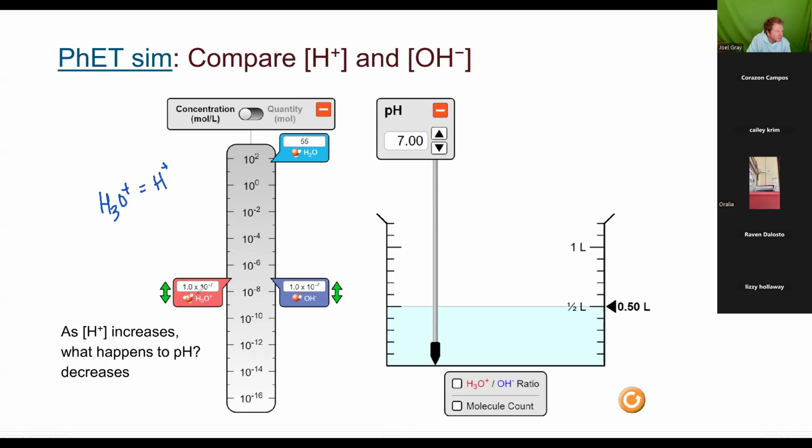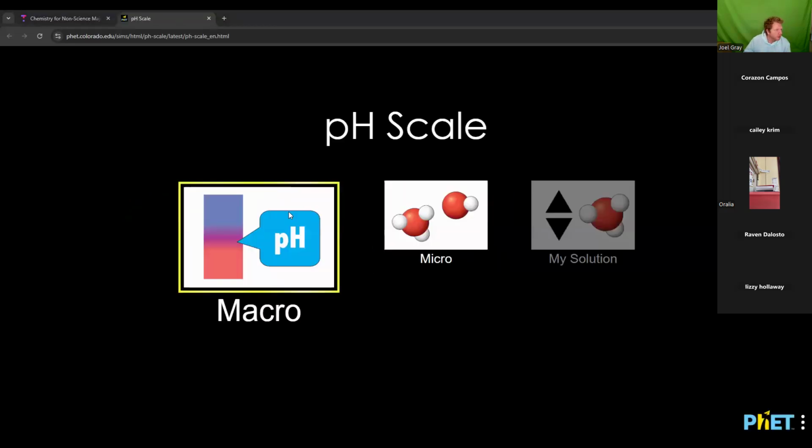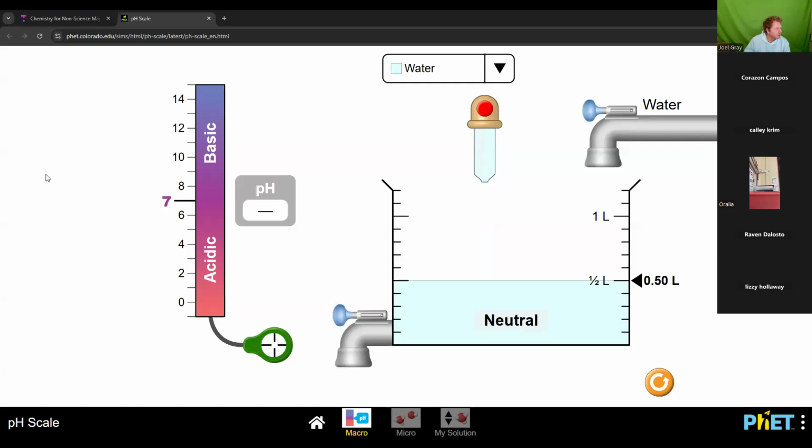So anytime you see this, don't get overwhelmed and think, oh no, it's totally a new thing that I have to learn. Nope. Think about H3O plus as being analogous to, or effectively the same as, H plus. Now, let's go back to this because I want to play around with this a little bit more and think about different solutions.